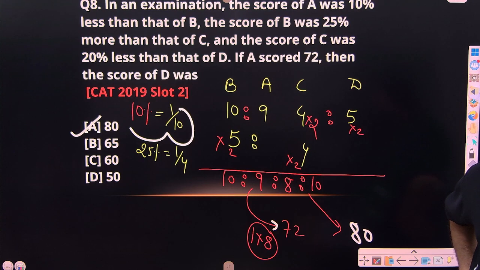Quite clear? Any doubt that you want to ask? Shall I move ahead? Shall I?